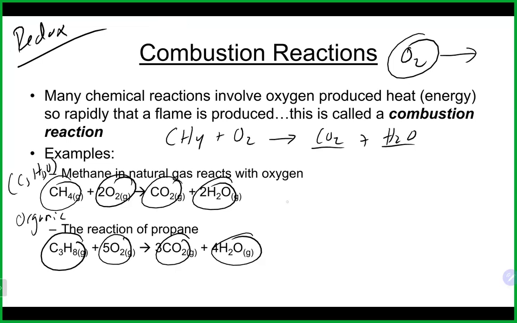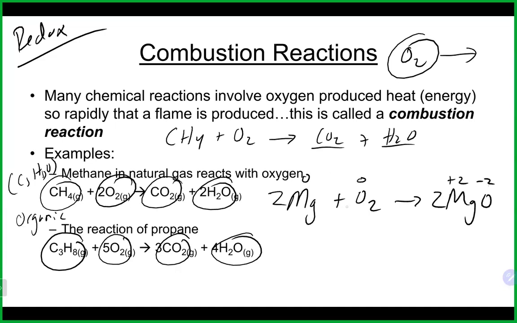So what does that mean? If we take a reaction like we saw earlier, which was magnesium plus oxygen makes some magnesium oxide. I'll put a 2 there, maybe a 2 there, yeah. This reaction, as we saw earlier, is 0, 0, +2, -2, electrons being transferred. That is a redox reaction, right?